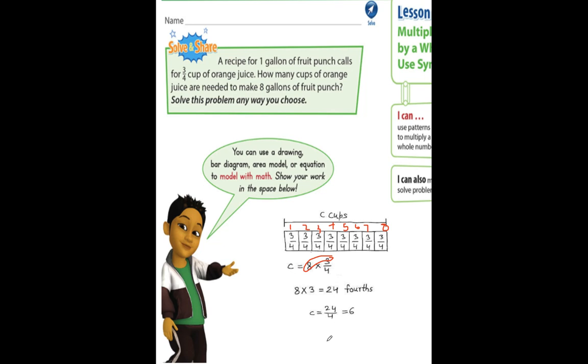But now this is where I have to divide, right? 24 divided by 4. Well, I know that 4 goes into 24 6 times. So that means that 6 cups are needed to make 8 gallons. Okay? 6 cups of orange juice are needed to make 8 gallons of fruit punch.